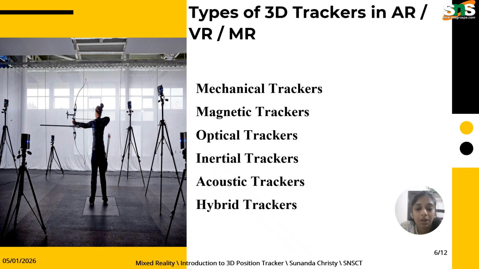The mechanical trackers work in a mechanical way, and magnetic trackers work magnetically, and the hybrid trackers combine both optical and inertial trackers.